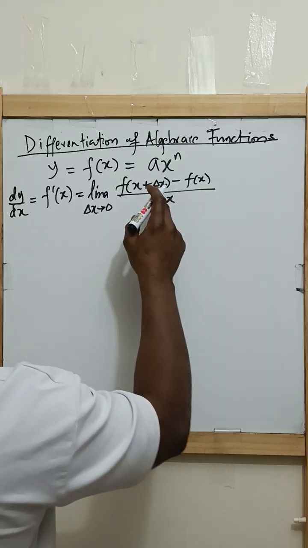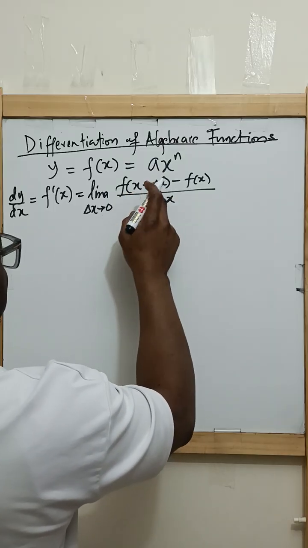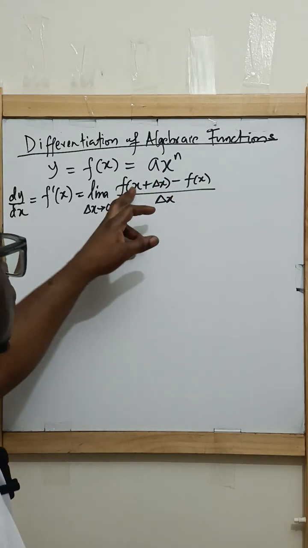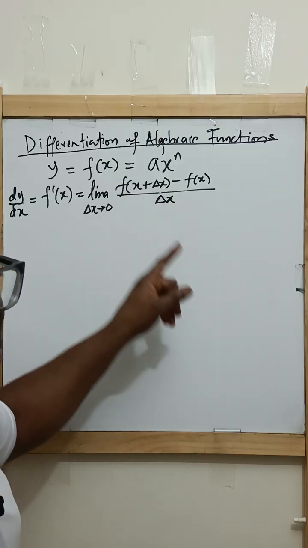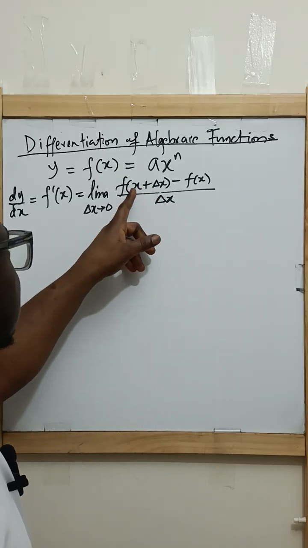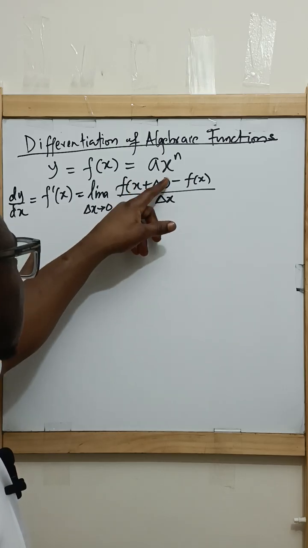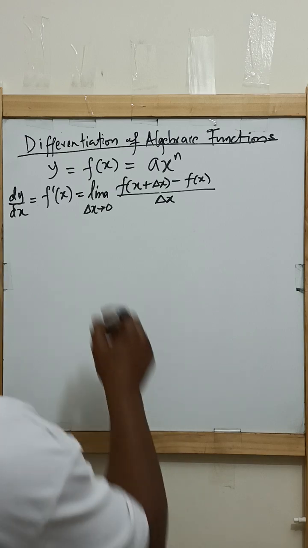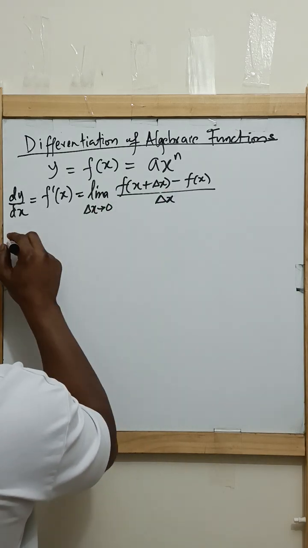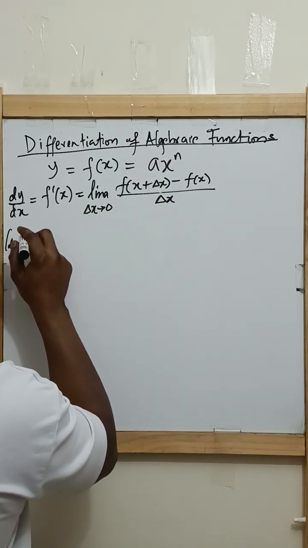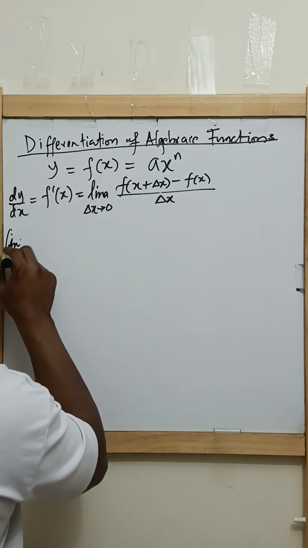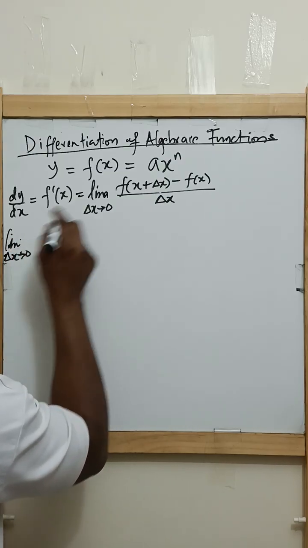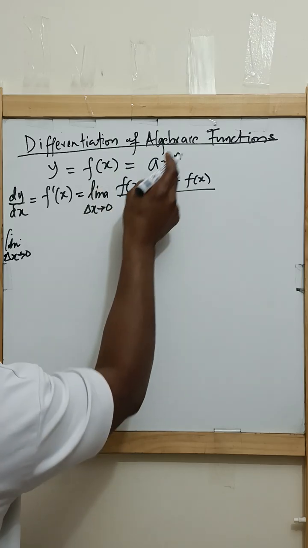So when we have f of x plus delta x, it is something like putting this one in the position of x in this function. So we'll now write this as the limit as delta x tends to 0 of f of x plus delta x.